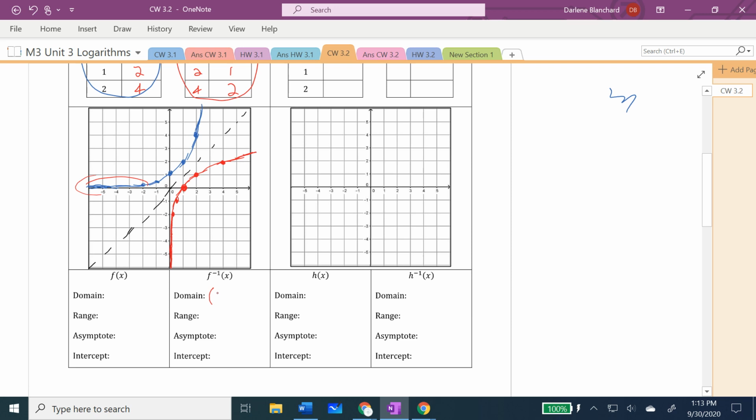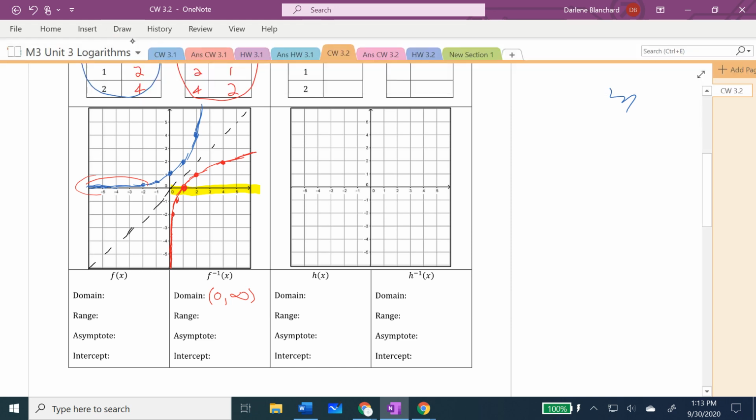Your domain will not include 0 and will go to infinity. Keep in mind that domain is asking about what x values this graph exists in. You cannot put 0 into a logarithm, but you can put any positive number into the x of a logarithm.